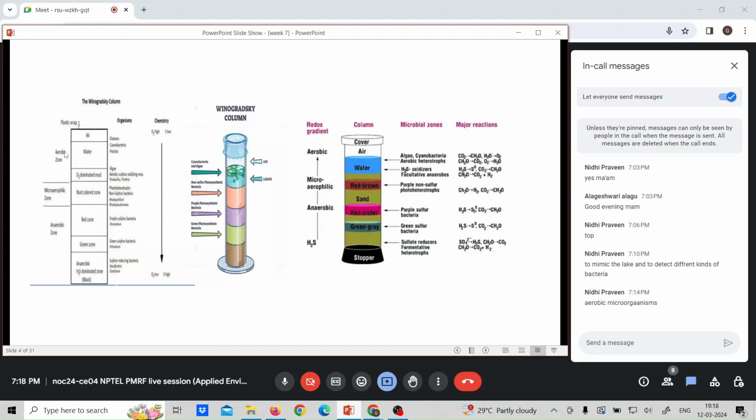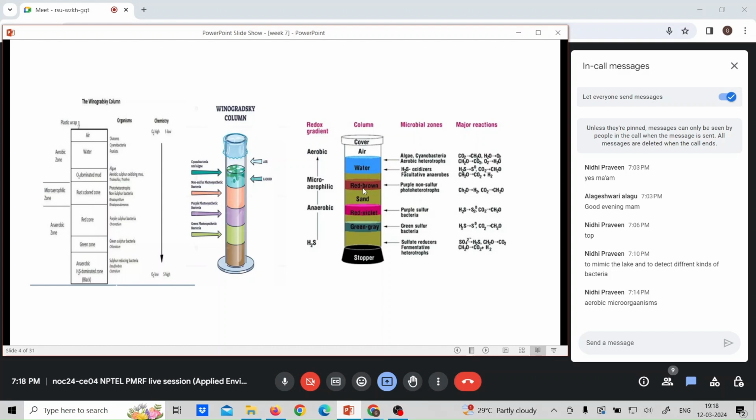I think this picture is very vaguely visible, but still you can try seeing it. When I upload it in the drive, you can see it a bit more clearly. So you have the aerobic zone and the microaerophilic zone. The microaerophilic zone usually contains purple non-sulfur photoheterotrophs, and they have a rusted or red-brown color.